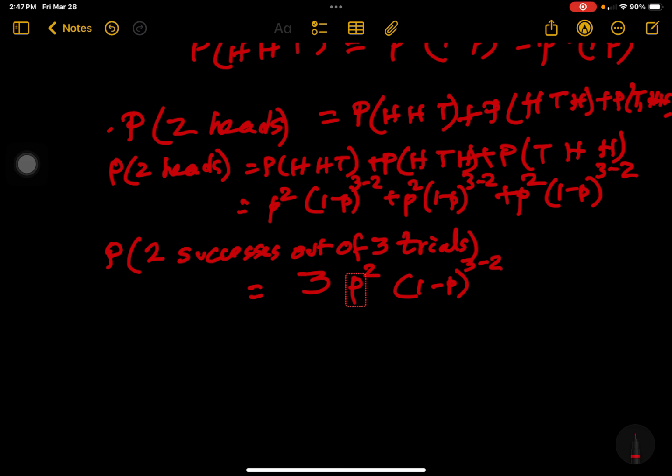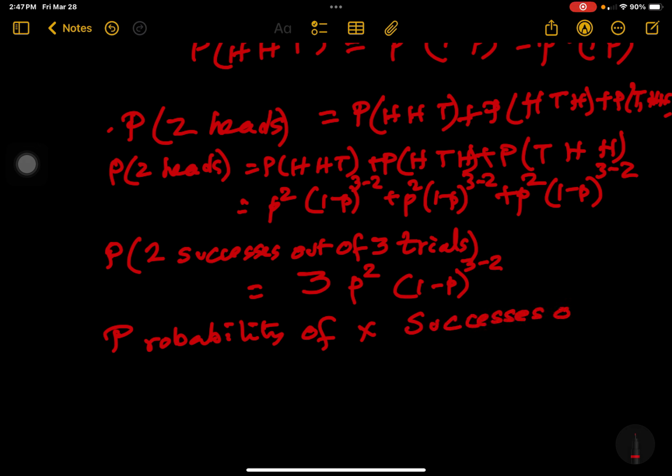So in general, if we want to write probability of x successes out of n trials, that is our final goal in a binomial experiment, like tossing a coin.